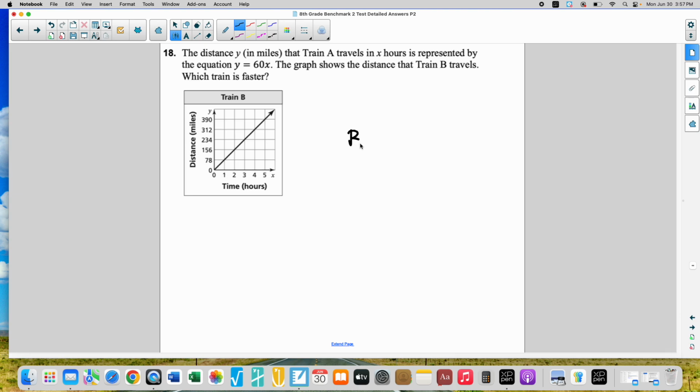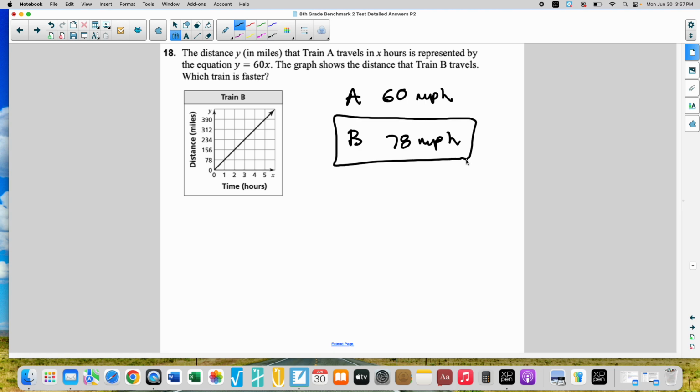So B is traveling at 78 miles per hour, and A travels 60 miles per hour, because you plug in 1 hour, you get 60 miles out. So B travels faster because it goes 78 miles per hour.